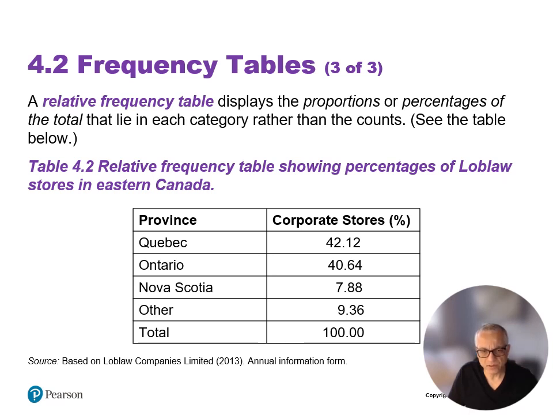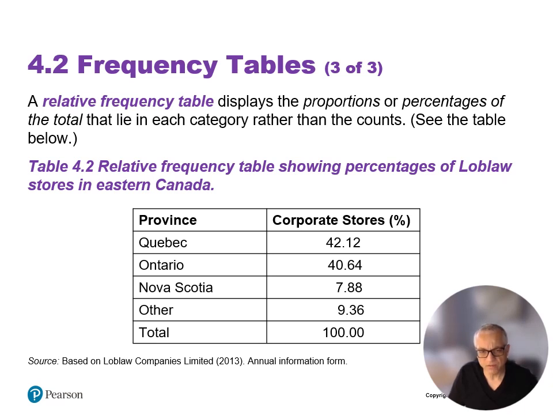If you go back to the previous slide, you will find a category we call other, where we focus only on the biggest numbers, like Quebec, Ontario, and Nova Scotia, and anything else accounting for a few outlets we put together in one category.